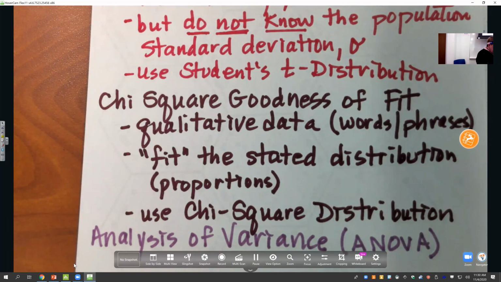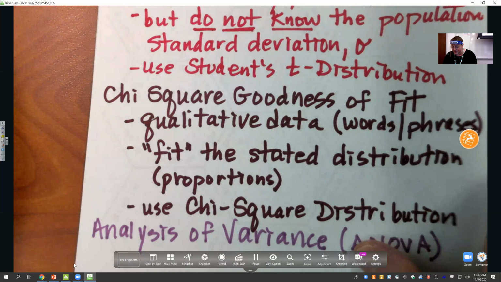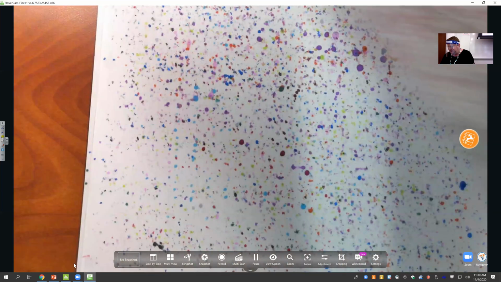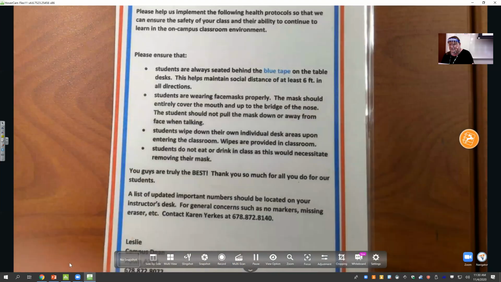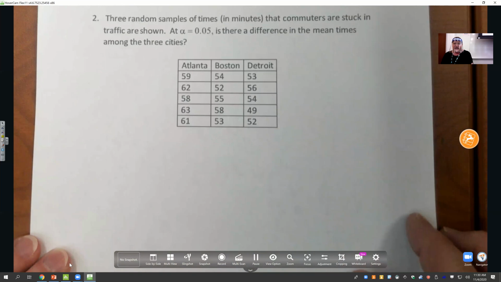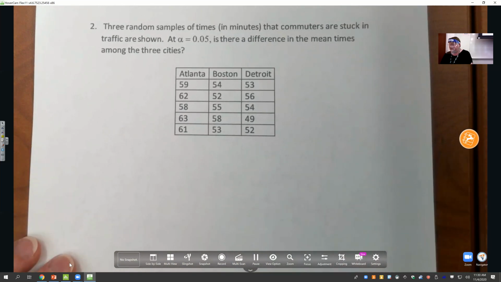These problems are usually, again, sort of similar to what we've done, but with chi-squared, it looked like we were usually given a table. You'll also usually get a table for ANOVA as well. And this one's labeled number 2, but we're going to do it as number 1.